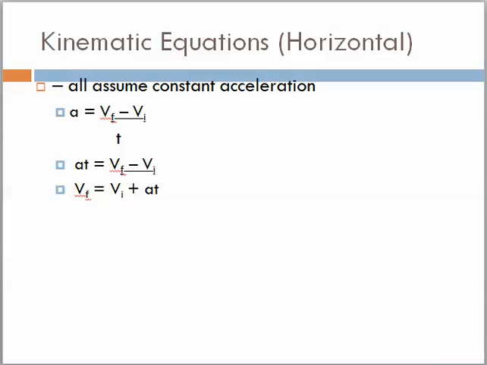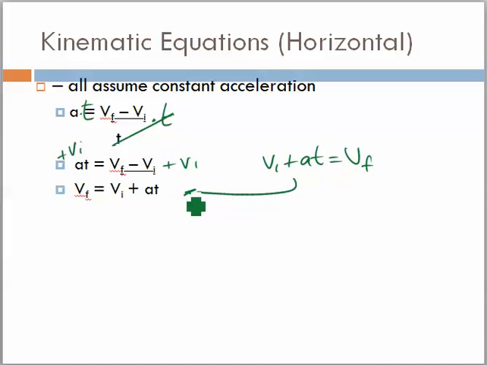Here, we just did some simple math. If we take this equation and multiply both sides by t, just doing some simple algebra, the t's would cancel out, and we'd have at here. If we add vi to both sides, what that gives us is vi plus at equals vf, and we simply rewrote it.